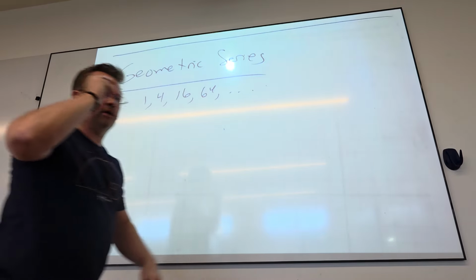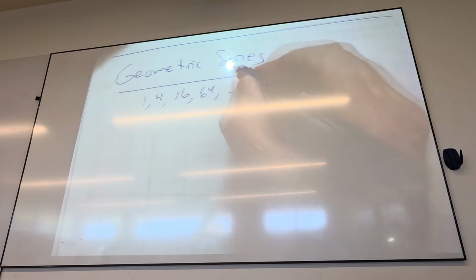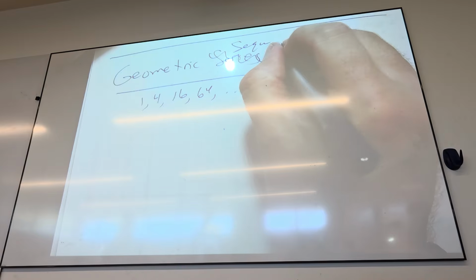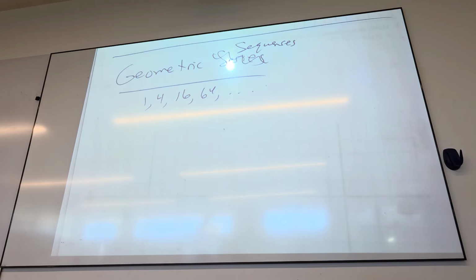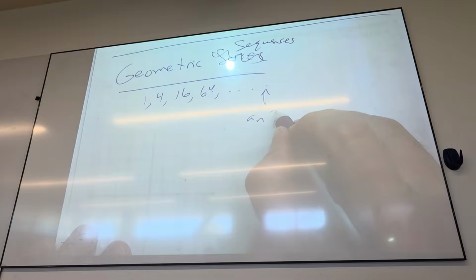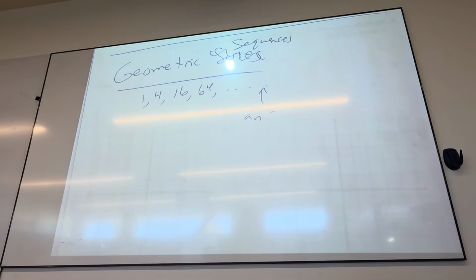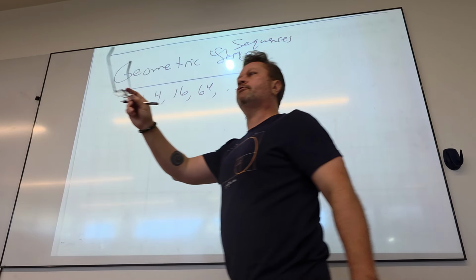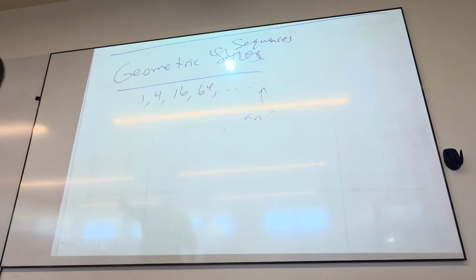That's a sequence, so let me be careful. Let me build up the series. Let's start with sequences. Then we'll talk about adding up the elements of a geometric sequence. But can somebody tell me what the nth term is in this sequence? What is the repeated multiplier?